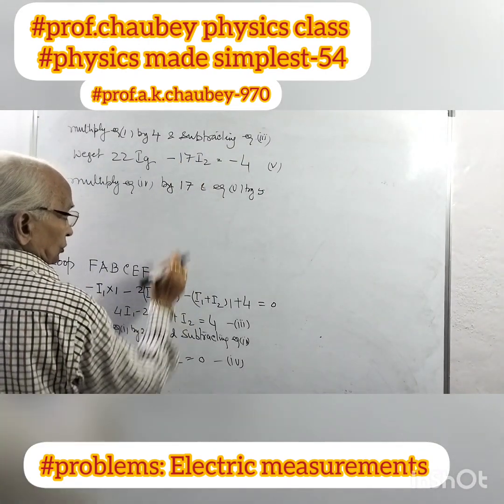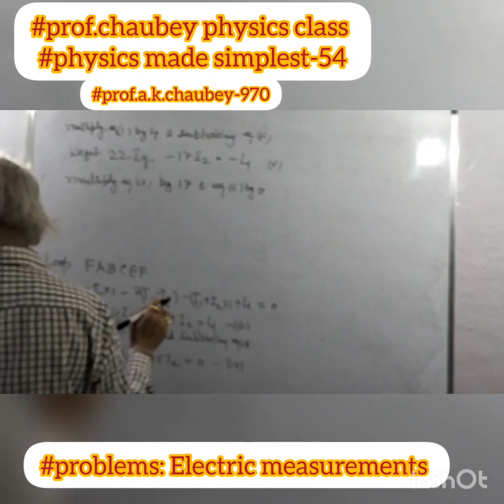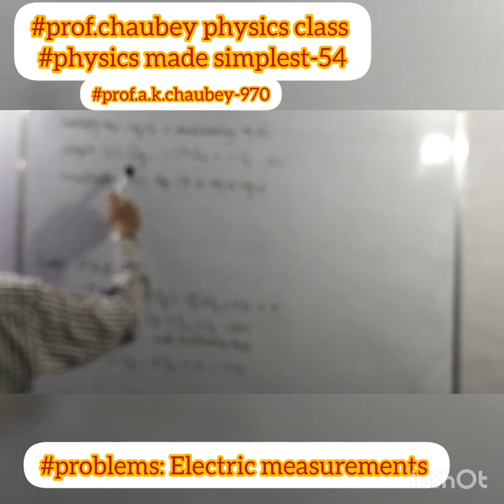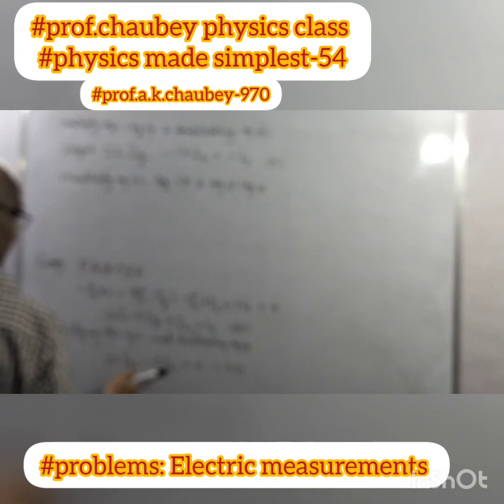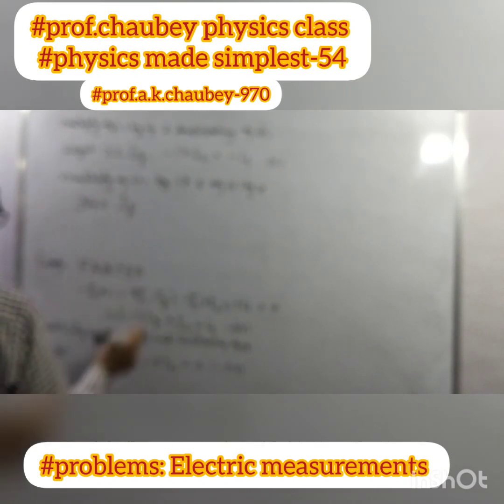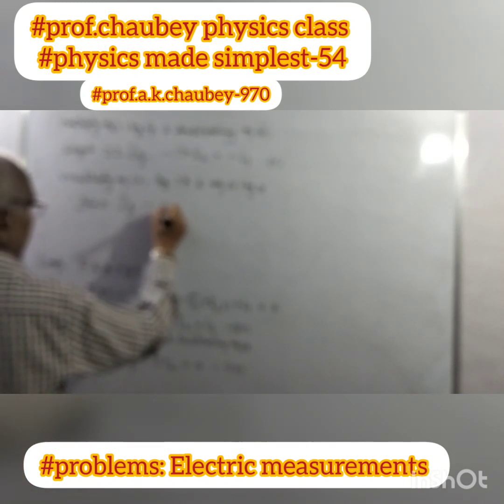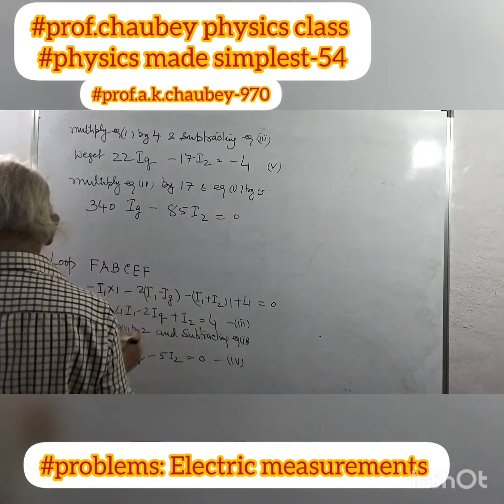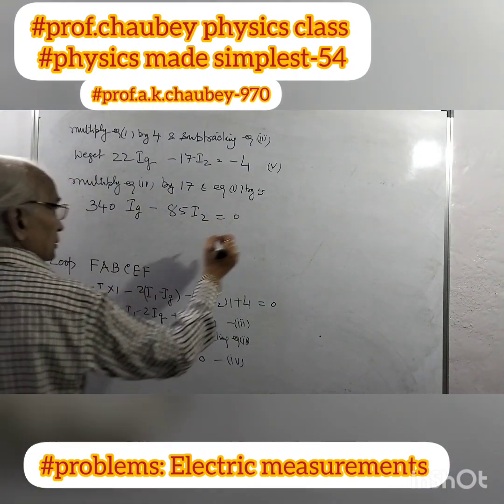Multiply this by 17, so this becomes 17 times 5. Here, multiply this by 5 and this by 17. So what we get? 340 Ig minus 85 I2 is equal to 0. This is number 6.